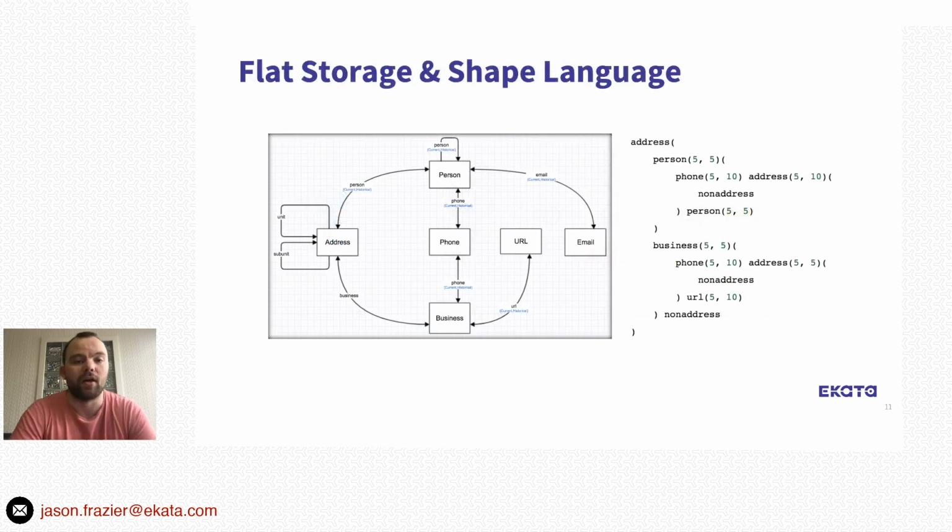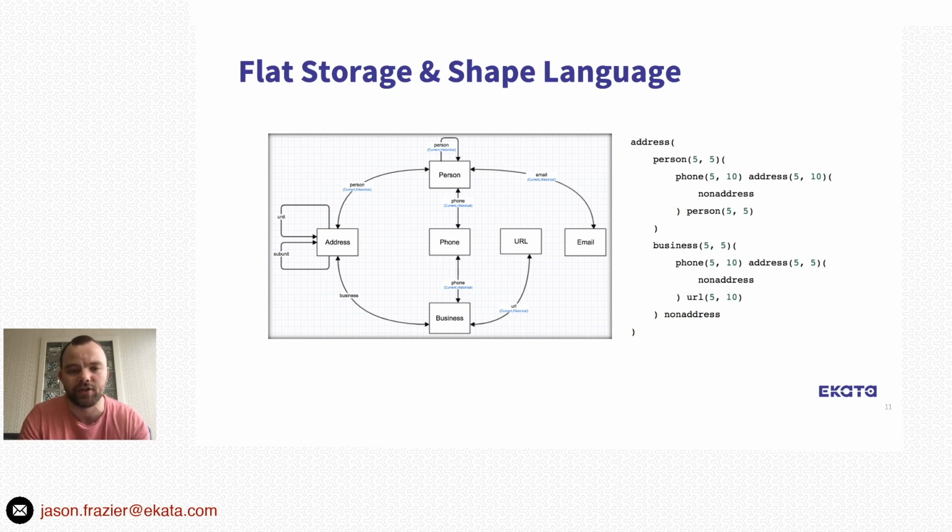As I mentioned, this is what our identity graph looks like when stored. We flattened our entire structure, so it's stored as key values. The key is a UUID of that specific entity, and the value is the various attributes.